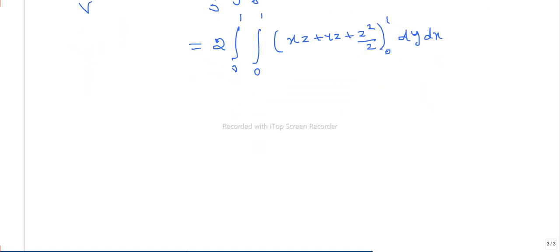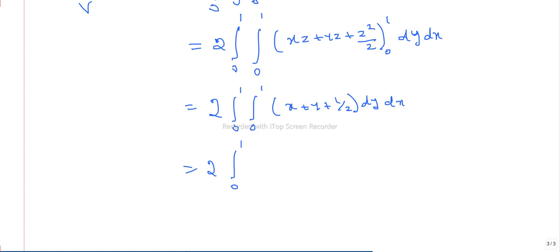If we substitute z equal to 1, we get x plus y plus 1 by 2. Therefore 2 times the integral 0 to 1, integral 0 to 1. If we substitute the upper limit, we get x plus y plus 1 by 2. If we substitute the lower limit, everything is 0. Now integrate with respect to y. Therefore 2 times integral 0 to 1 of xy plus y square by 2 plus y by 2, 0 to 1, dx.